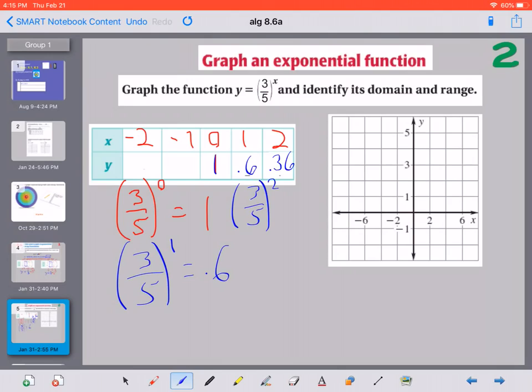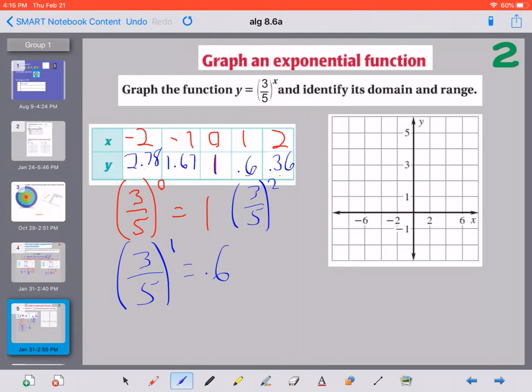Now if I do (3/5) to the -1 power, I get 1.67, and (3/5) to the -2 power gives me 2.78.